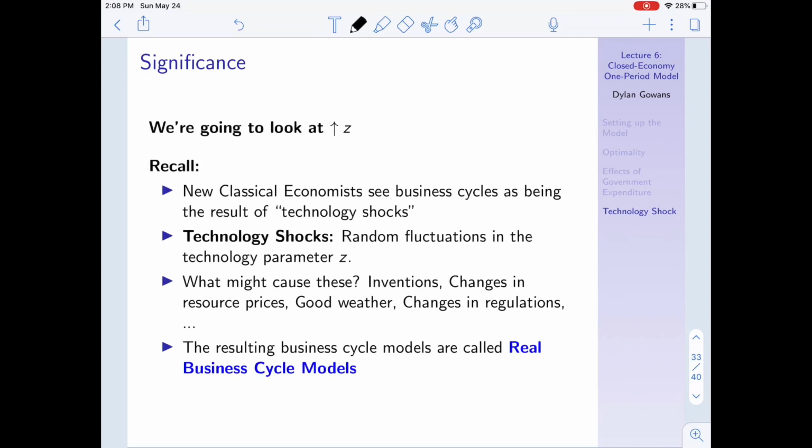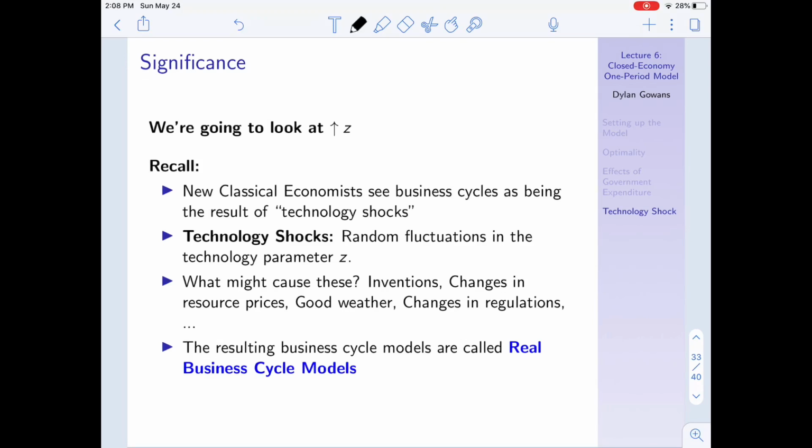Instead, these fluctuations in the economy that we see, say by passing an HP filter through series and looking at the fluctuations around trend, those fluctuations are probably driven by technology, changes in that parameter Z, or technology shocks, which here I defined as random fluctuations in Z.